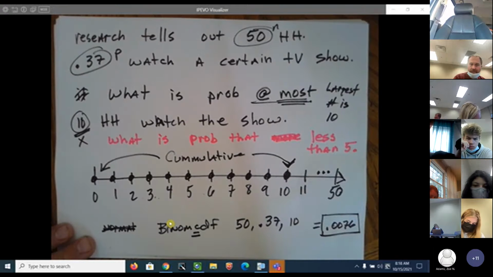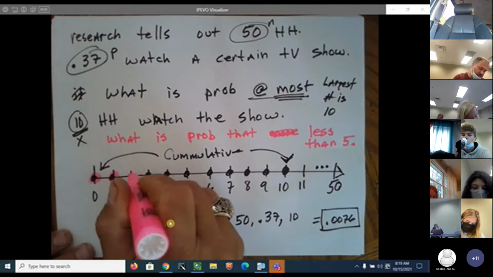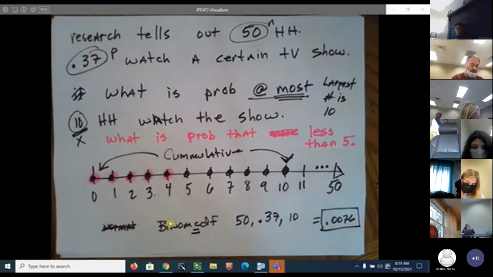I want somebody to say it. What's less than 5? It means you use any number below 5, so 4. Do I include 5?